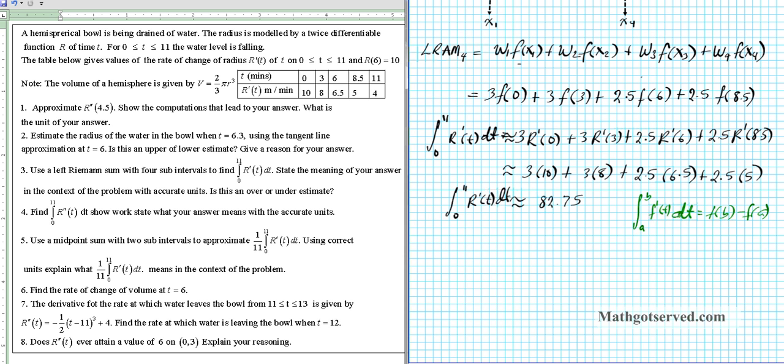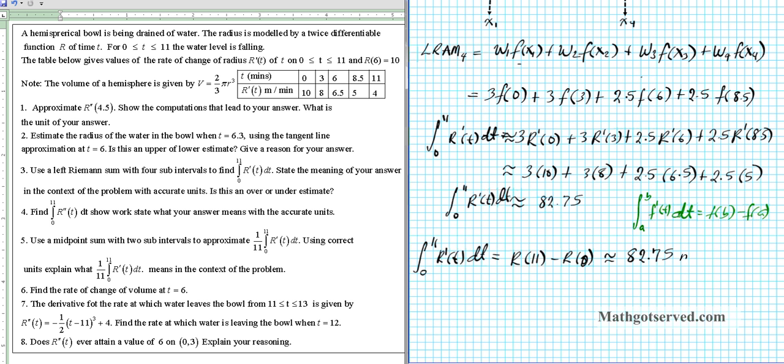Applying that to this scenario, the integral from 0 to 11 of r prime of t dt is equal to r of 11 minus r of 0. r of 11 is the radius when t is equal to 11, and r of 0 is the radius when t is equal to 0. So r of 11 minus r of 0 is the change in the radius.